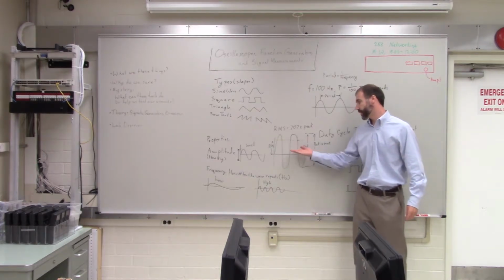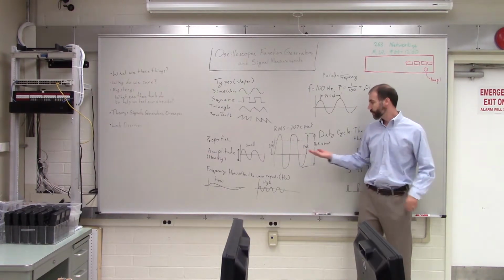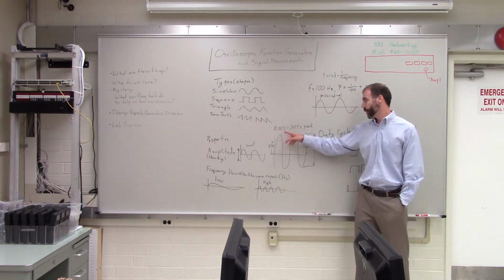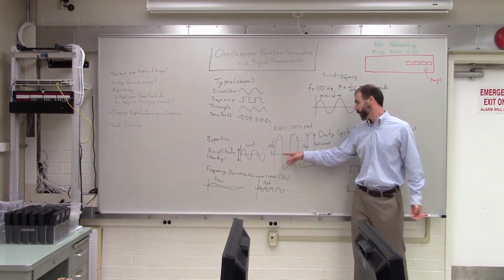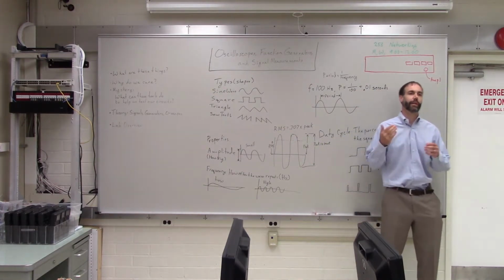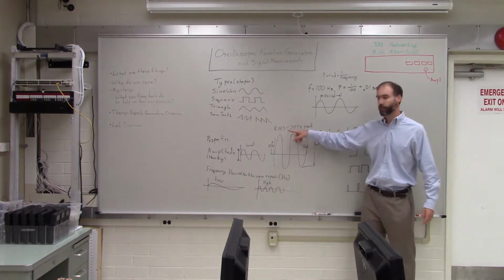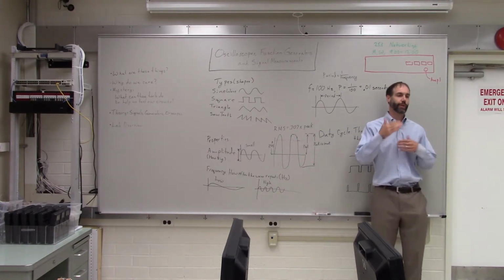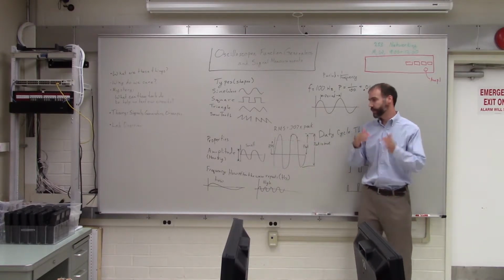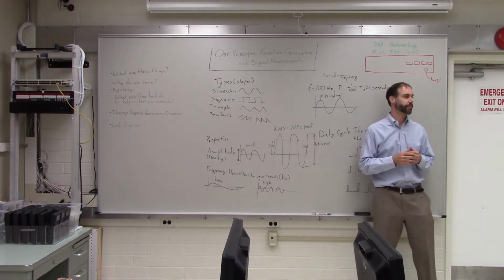But it doesn't make sense to say that it has 0 power, right? It has these peaks where they go very high. So it might have a 15 volt peak, but it's not the equivalent of 15 volts DC because it's not at 15 volts all the time. So it's somewhere in between. And the RMS is that equivalent. It's that in between point. That's the best they can do, right?